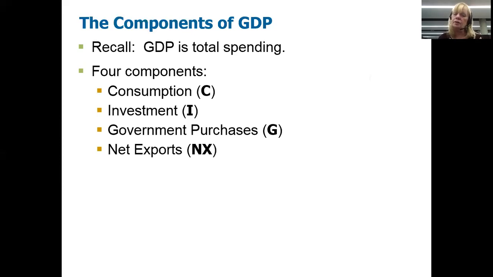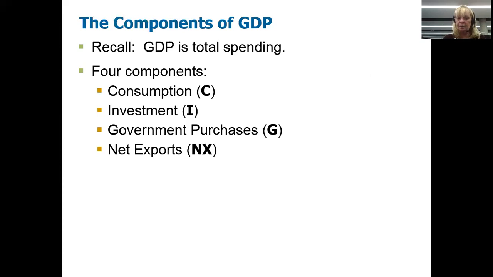So we take our exports, the things we make here that are consumed elsewhere, and then we deduct our imports, things that were produced elsewhere but that were consumed here. The difference between exports minus imports is net exports, and that's the fourth component of GDP.